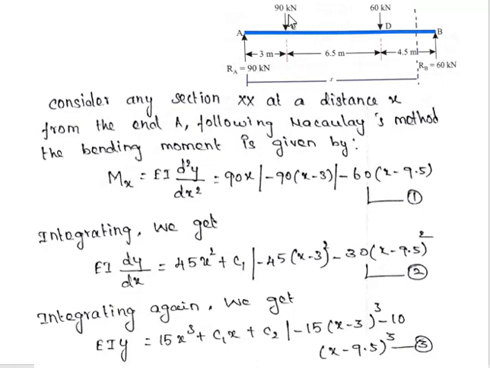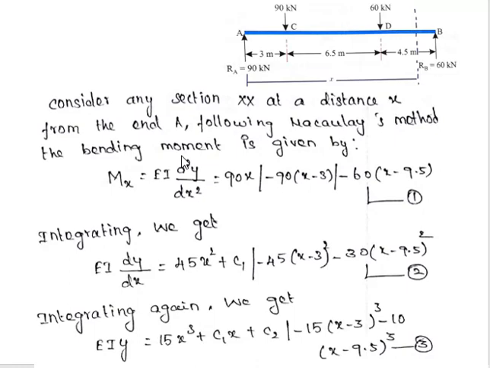From point C, the load is acting on top, so I put minus 90 into its distance from C to this x dash, x minus 3. Similarly for 60, minus 60 into x minus 6.5 plus 3, which is 9.5, so x minus 9.5. This is equation 1, the bending moment equation.